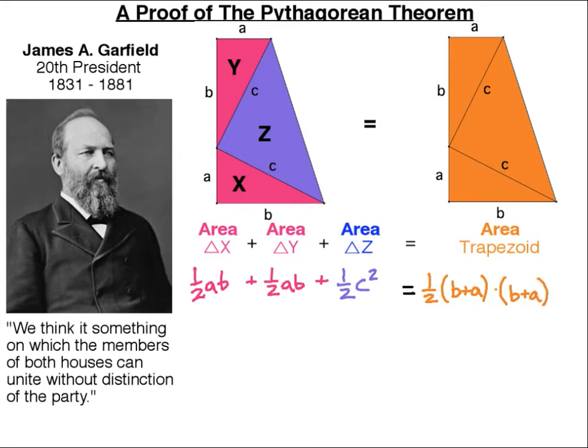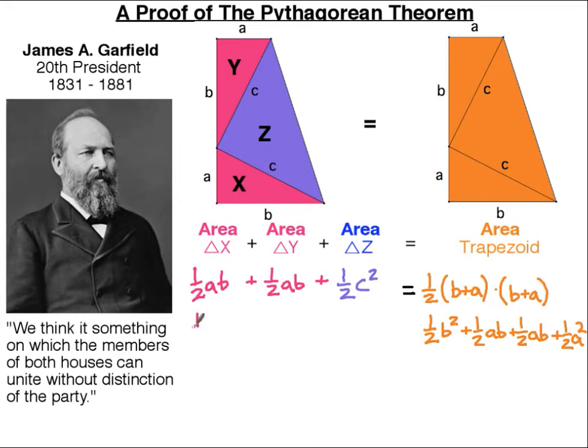Let's go ahead and simplify what we have. Well, let's FOIL this out, distribute the 1/2, and then multiply B plus A times B plus A. When we do that, we get 1/2 B squared plus 1/2 AB plus 1/2 AB plus 1/2 A squared. And on this other side, we'll leave it as is for now.